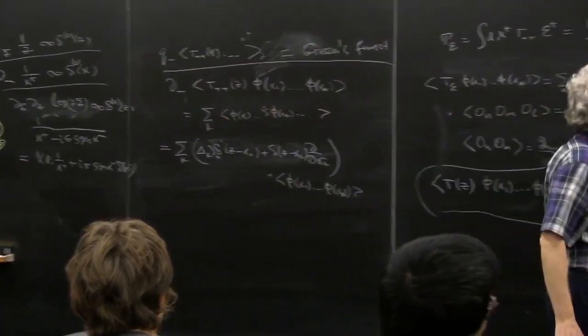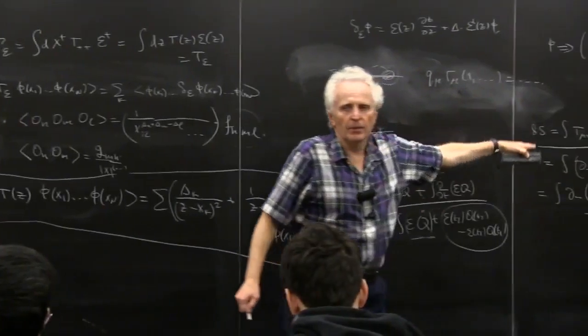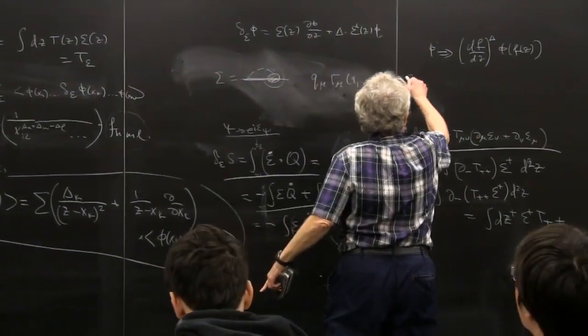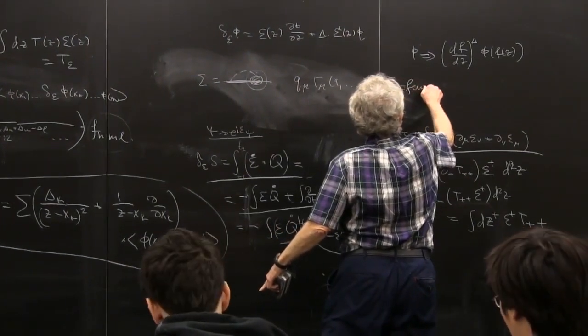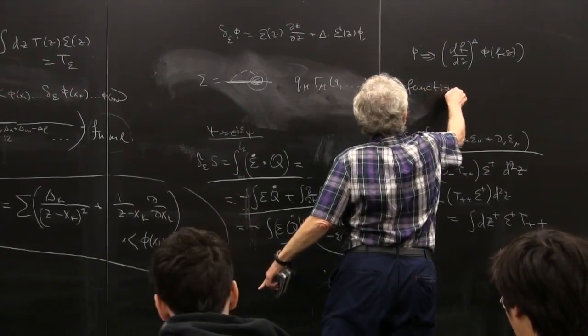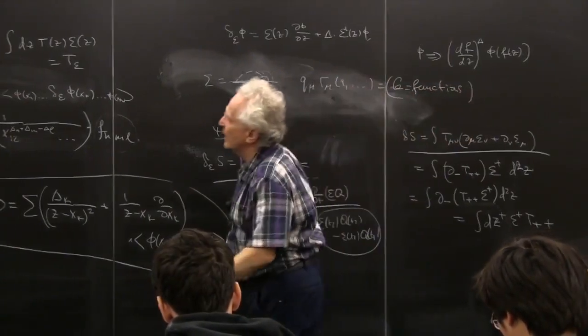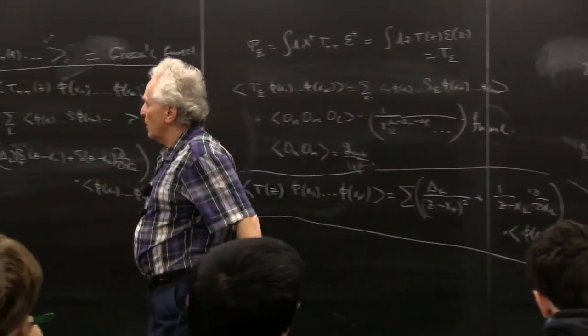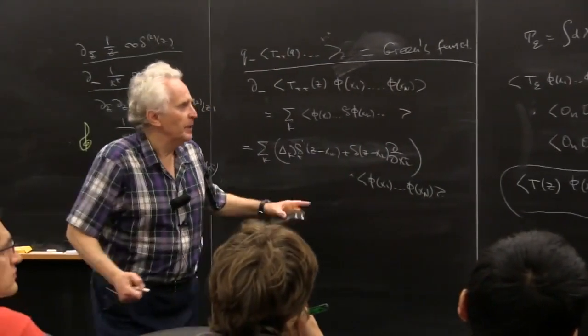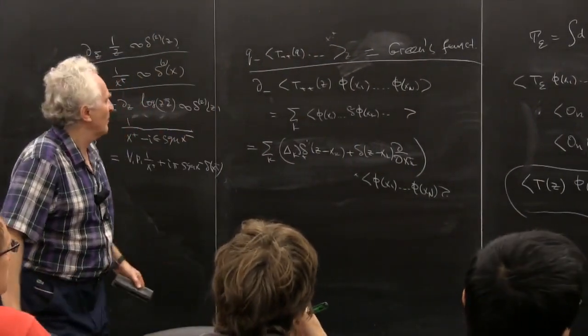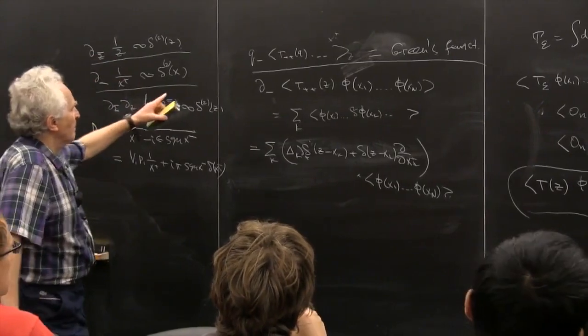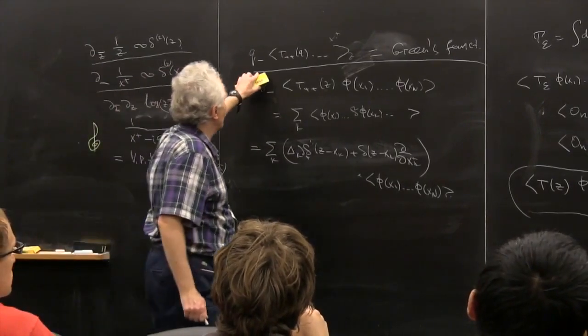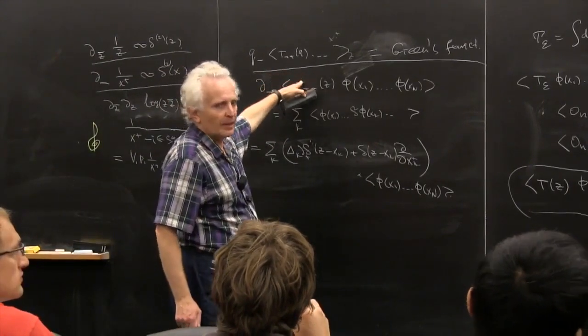Here I multiply it by q mu, and it's also some stuff, some g functions. What's the principal difference between the two? Which q's are?